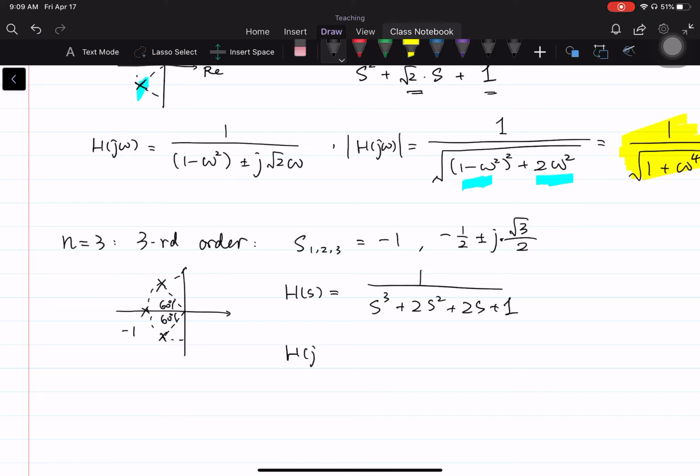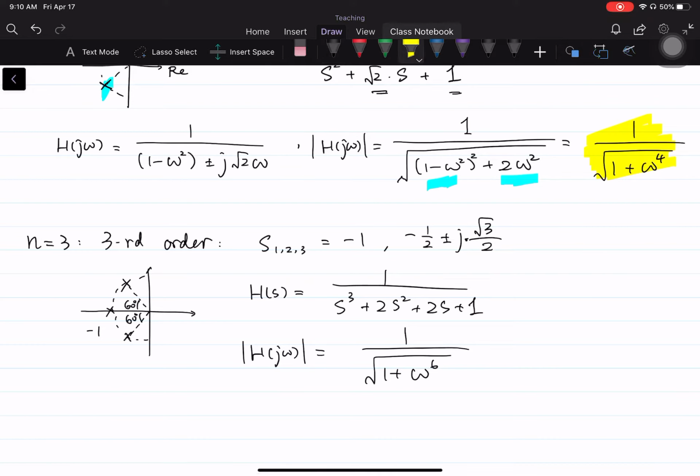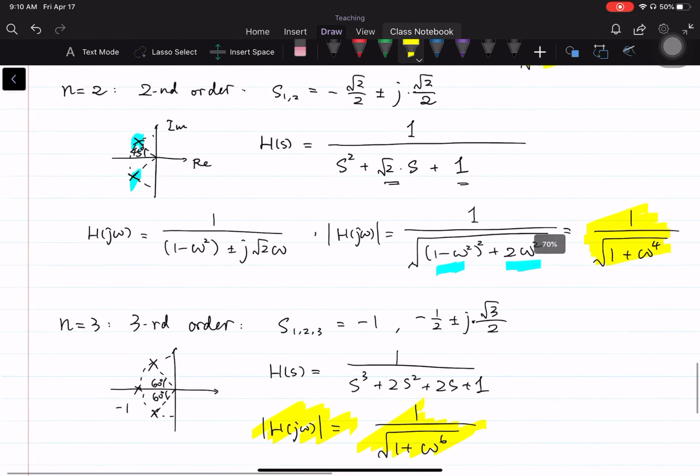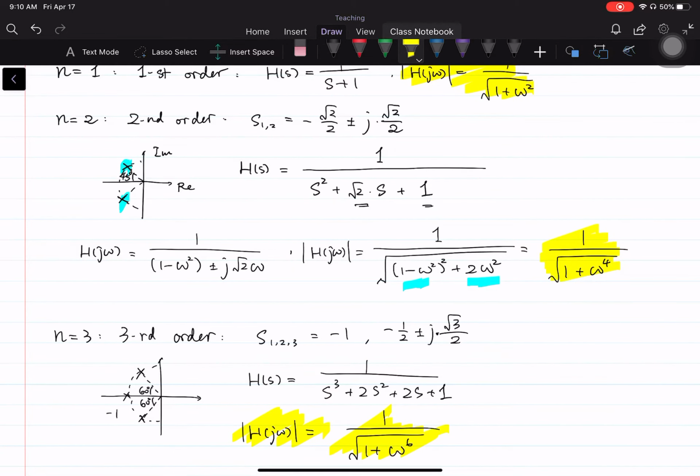And for the frequency response function, the magnitude is 1 divided by square root of 1 plus omega to the 6. Again, although the transfer function may take some different appearance, if you look at the frequency response function, you will see the similarity directly from the first order case to the second order case to the third order case.